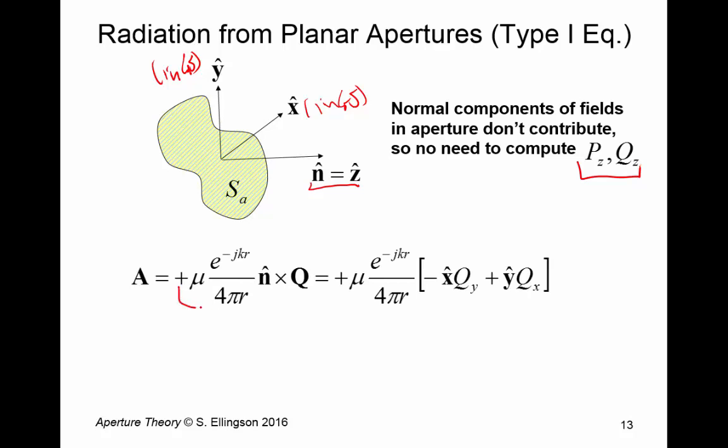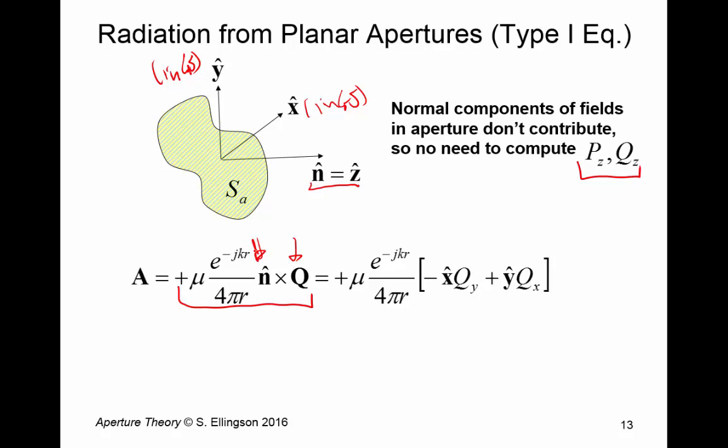So this is the expression I came up with before for the magnetic vector potential. Now I know that Q has no z hat component, so I'll just write out the rest of it, and I'll take the cross product with respect to the normal.